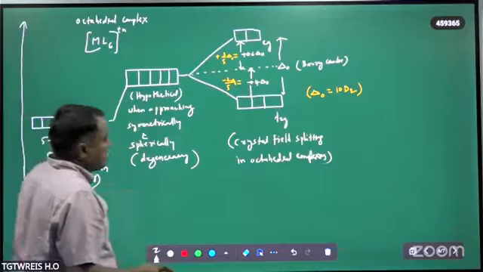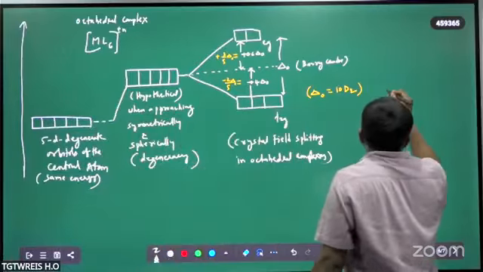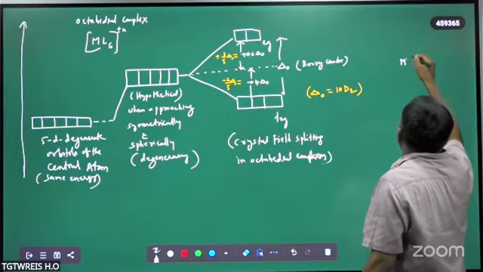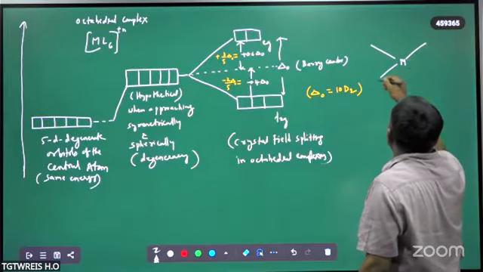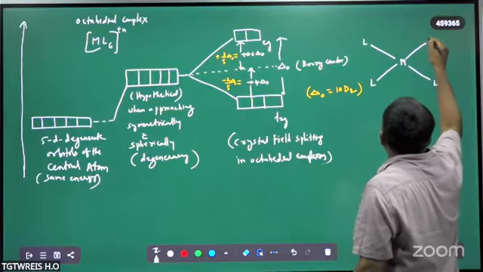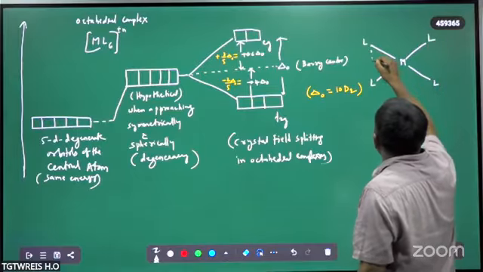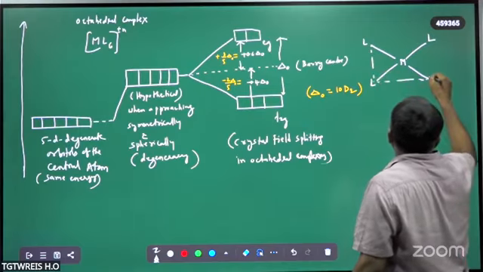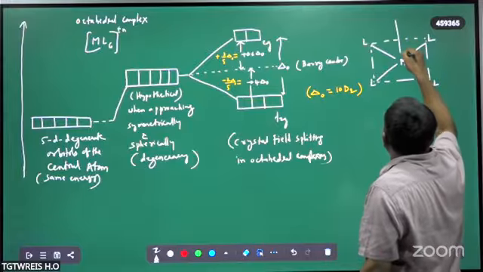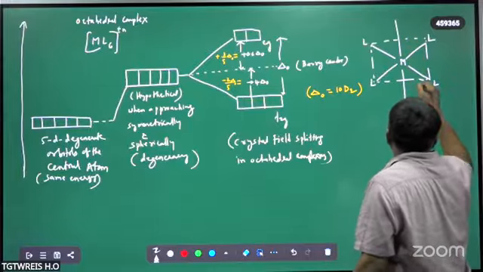So why is this happening? In ML6, this is the central atom and these are the four ligands in one plane. One ligand is above the plane and one ligand is below the plane.